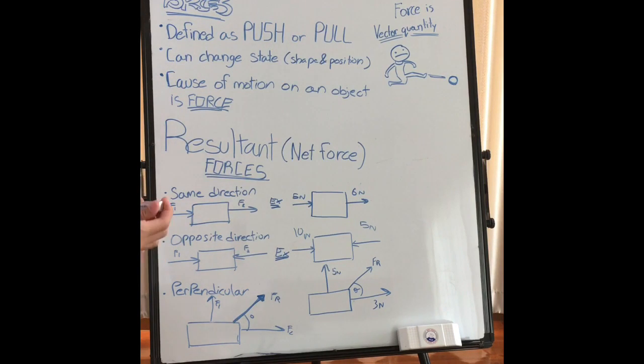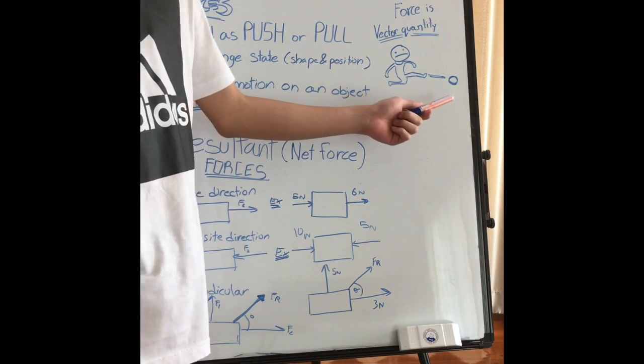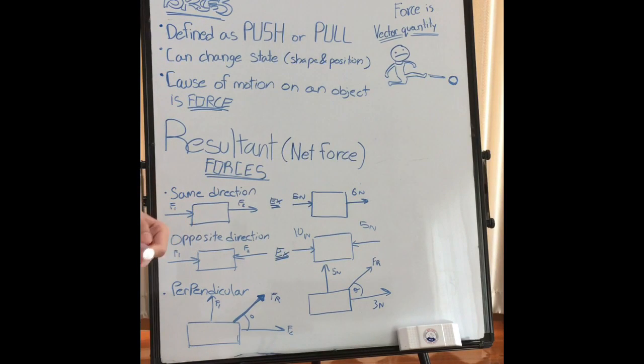Dynamics deals with causes of motion, so it's related to forces. 1. Force is defined as a push or pull. 2. Forces can change state, shape, and position. For example, like kicking a ball. 3.